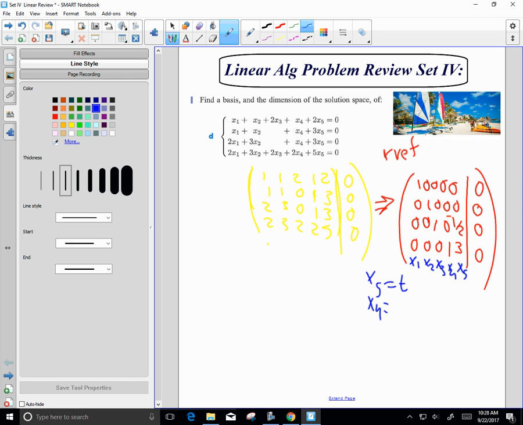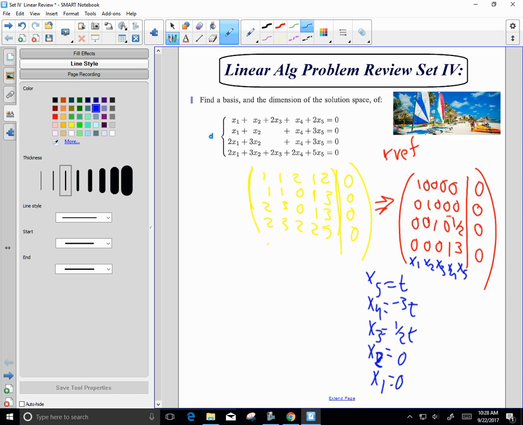X4 is going to, you're going to move this over and it'll be negative 3t. Do you want me to show you that step or are you okay? What will x3 be? One half t. What will x2 be? 0, x1, 0.